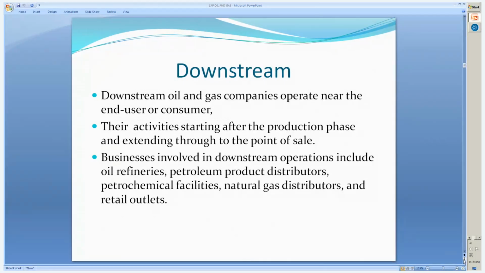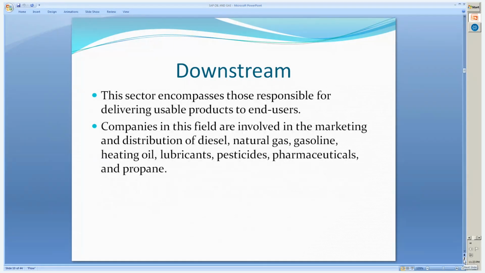Retail outlets are the ones where they sell a huge quantity on a daily basis, but there are also certain industries and manufacturing companies who need petrol and diesel. They are also one type of consumer who will buy the fuels from the downstream company. Basically, downstream is responsible for providing the end products to consumers.